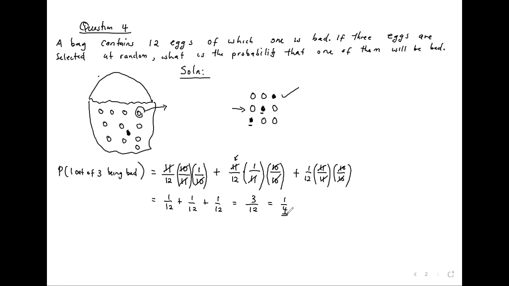There's no returning. Pick with replacement, there's returning. In this case, which term did you use to identify that you are not replacing? The language: a bag contains 12 eggs, of which one is bad. If 3 eggs are selected at random, so you select them out of the box.